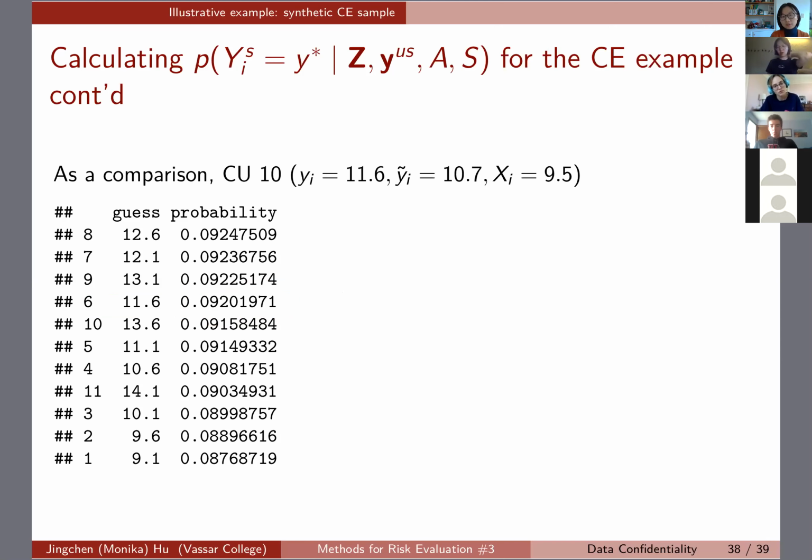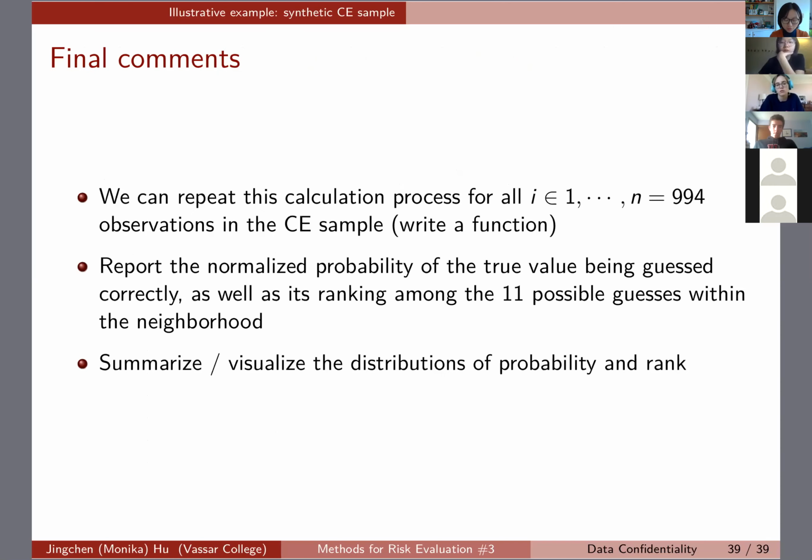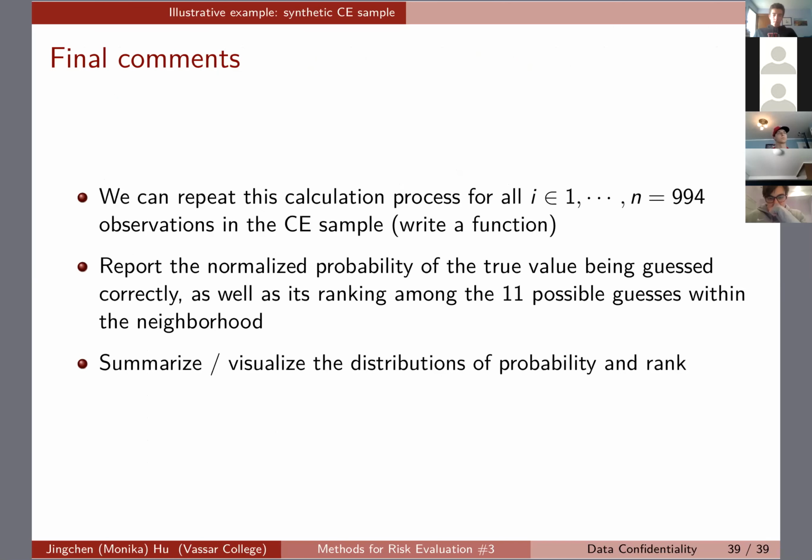But if instead of 11 you do 5, and you realize that your truth is always ranked number 1, that might be a sign you want to adjust how you're evaluating the risks. So 11 is arbitrary; I picked it just as an example, but you can play with other cases if you want.